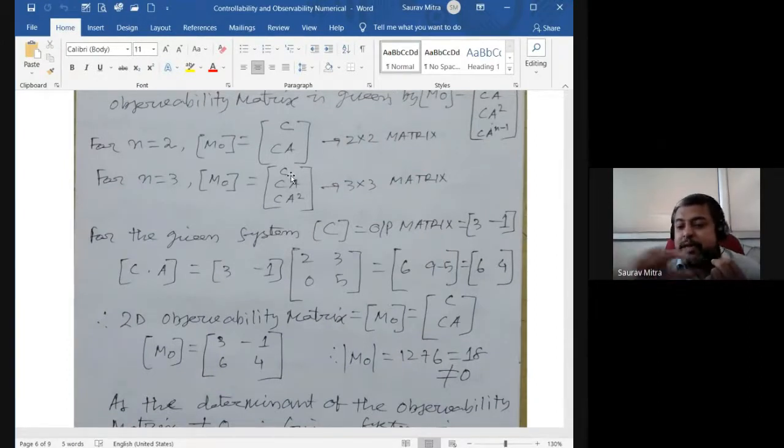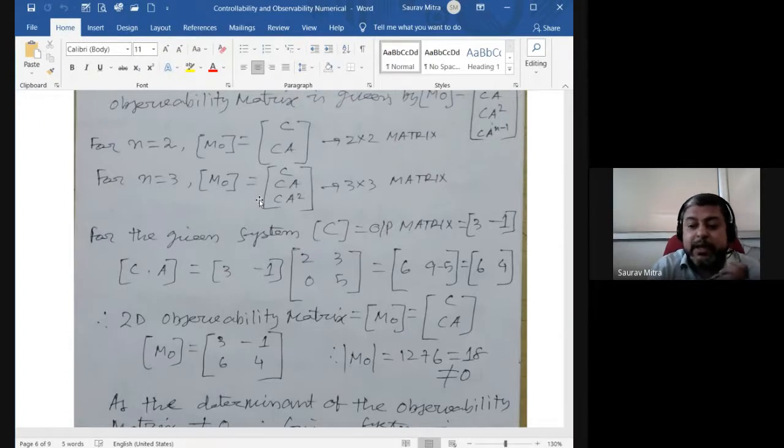And please don't make mistakes in these dimensions. B, AB, A square B is written in a row format. C, CA, CA square is written in a column format. And what is the C matrix? 1 cross 3. What is CA? 1 cross 3. What is CA square? 1 cross 3. So this MO will also be a 3 cross 3 matrix. So always remember that the dimension of the A matrix will be the same as the dimension of the controllability matrix and the observability matrix.